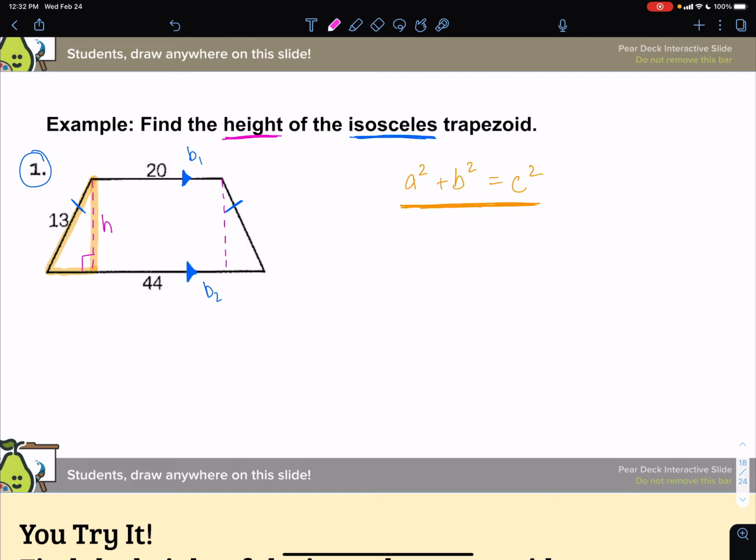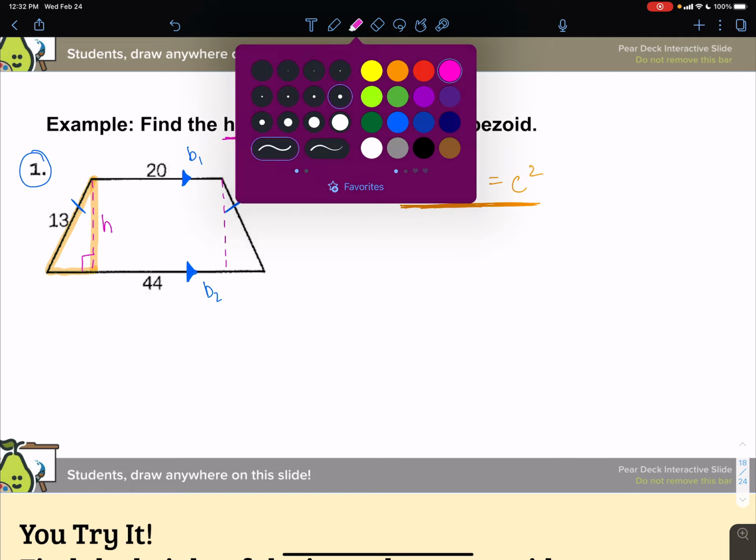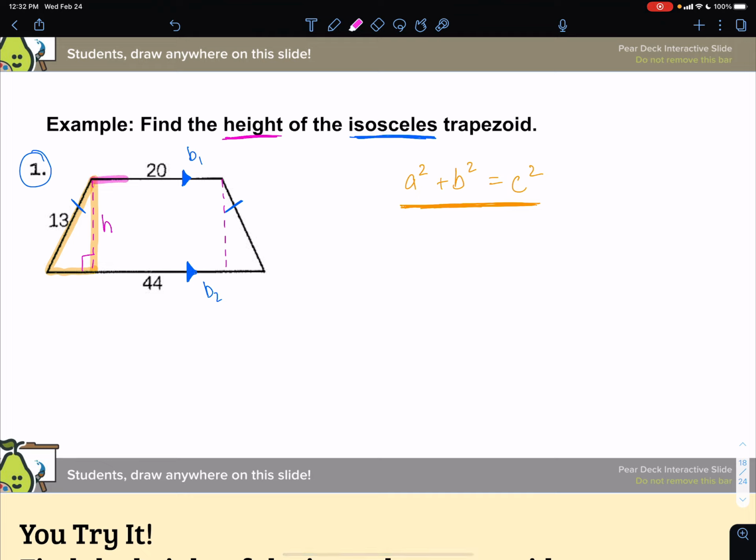But what we want to notice here is that those two heights are drawn exactly the same distance away as the distance of our top base, right? They were drawn from the top two corners of our base 1. And so the distance away from each other that our two heights are, it's always 20.